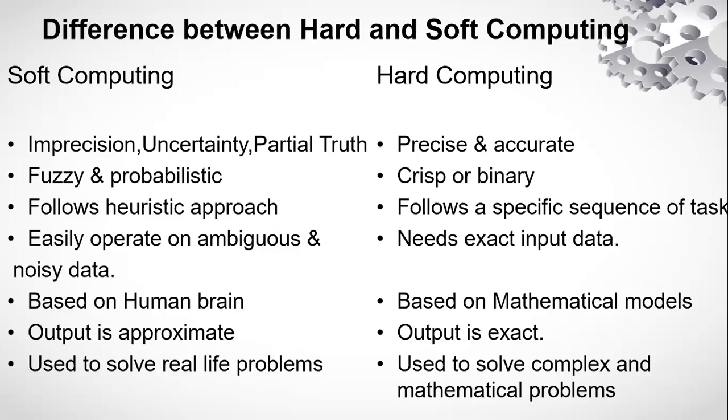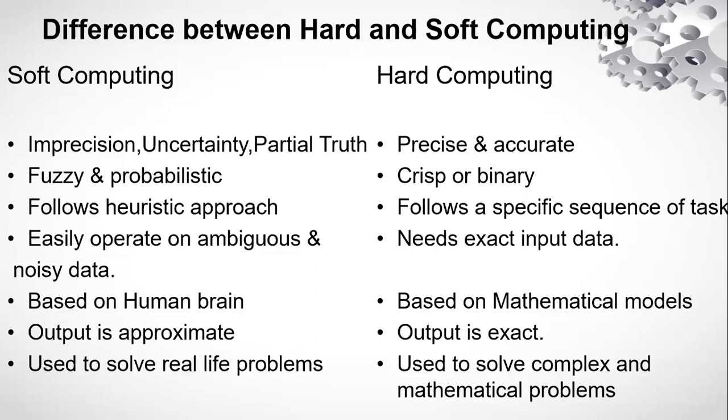Next, the basic model of soft computing is based on the human brain. I already told you, it is related to mimicking human intelligence. So that is why it is based on the model of the human brain. While hard computing is based on mathematical models. Next, the output.